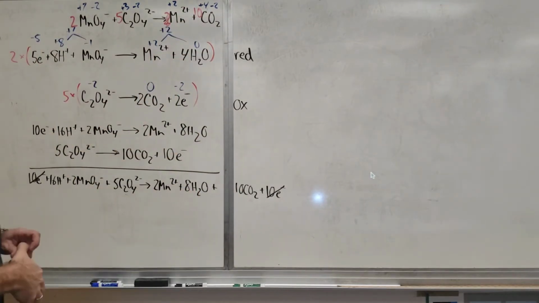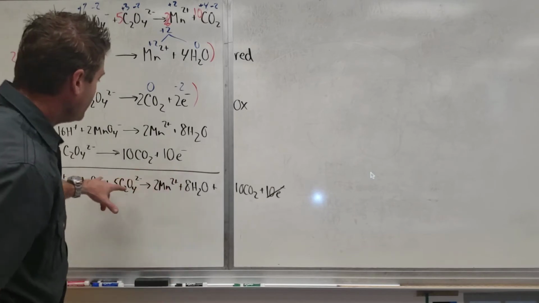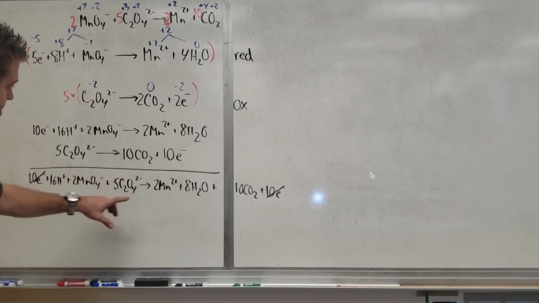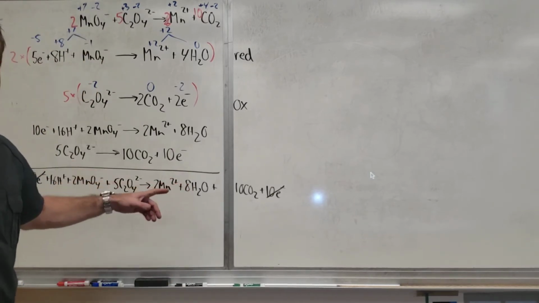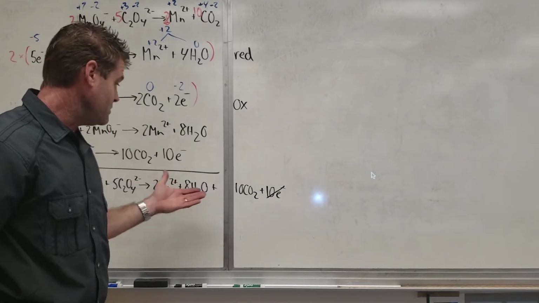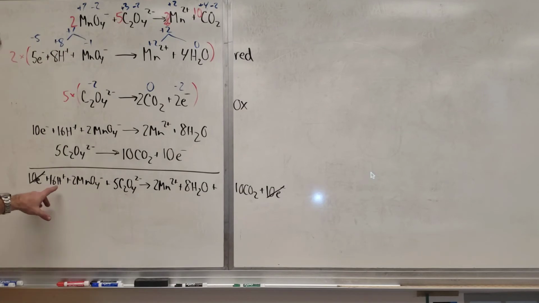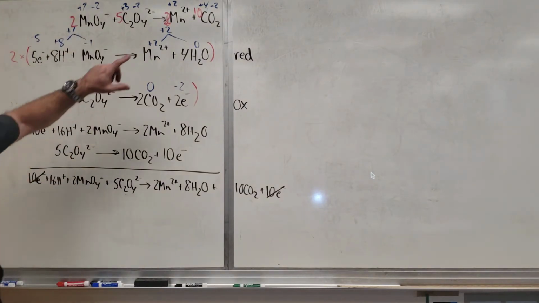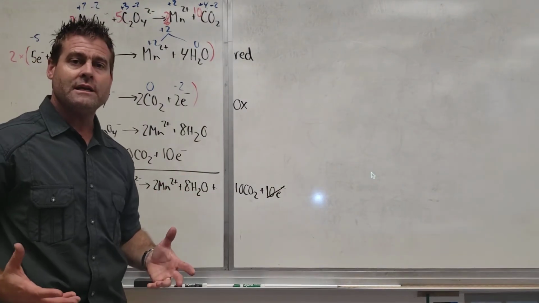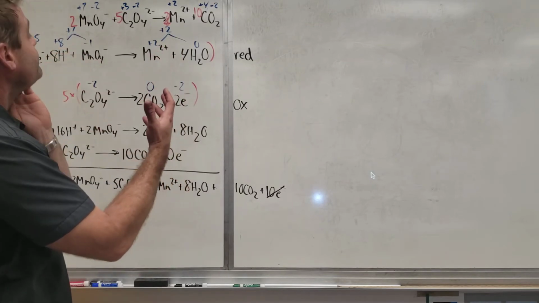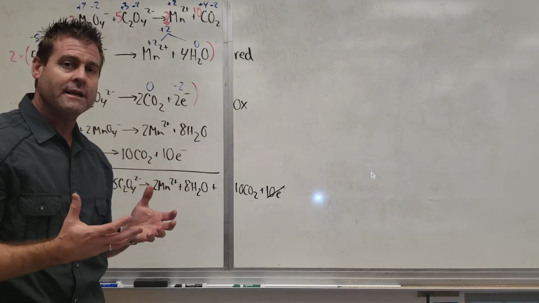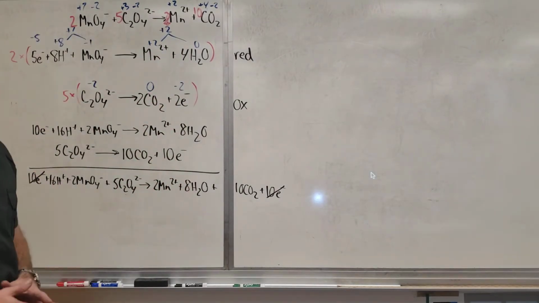And in this situation, you notice you've got water, which is fine. A lot of this takes place in an aqueous solution, so you just have water, which is not really taking part in the reaction. But you'll also notice you have hydrogen ions. So what kind of solution is this redox reaction taking place in? You guys agree it's an acidic solution.